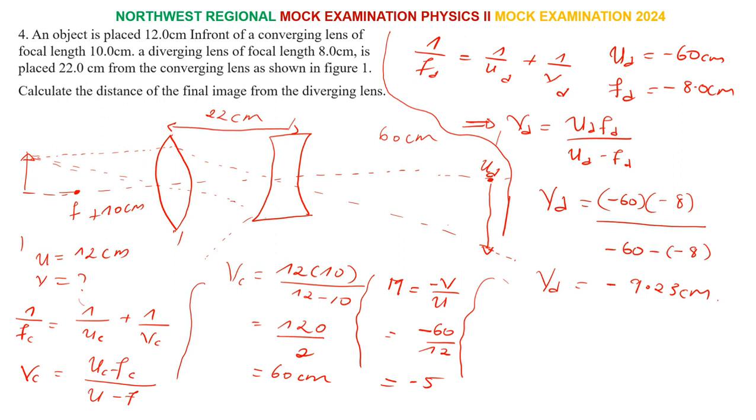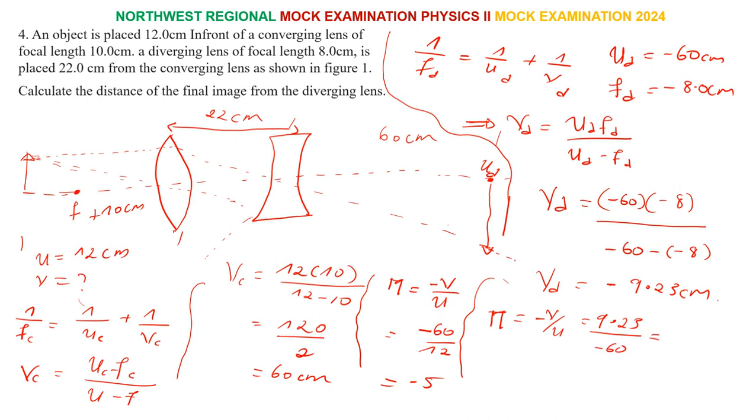Since the image will be formed somewhere there, we can now get the magnification M. The magnification will simply be negative v divided by u, which gives positive 9.23 divided by negative 60.